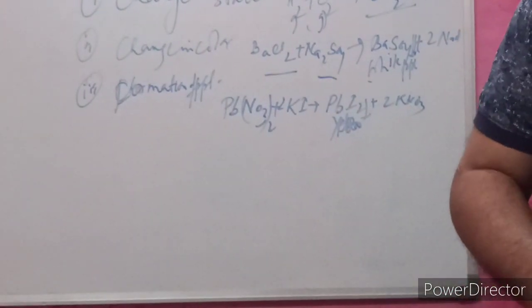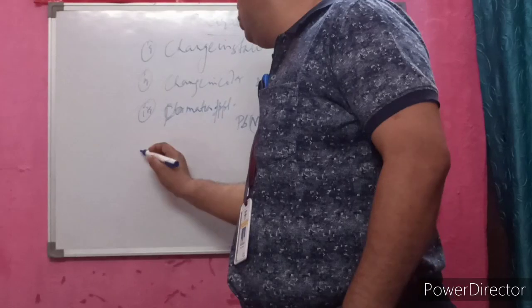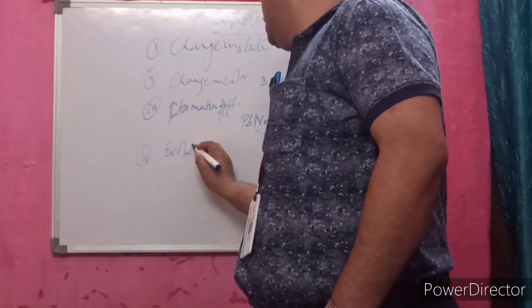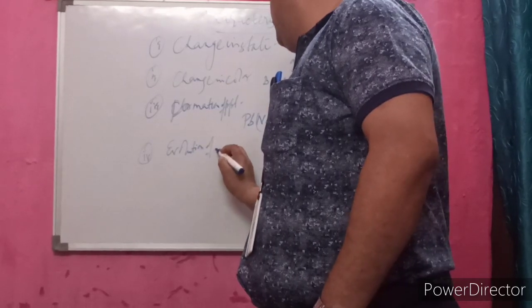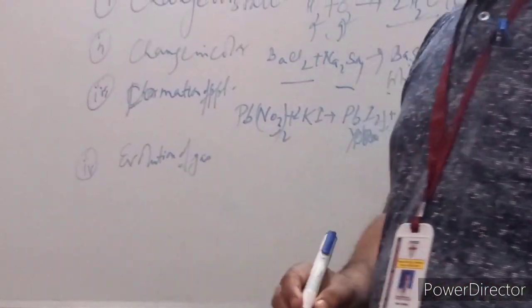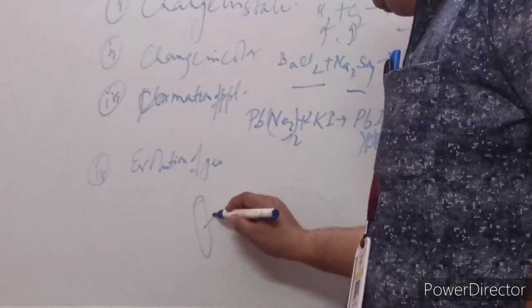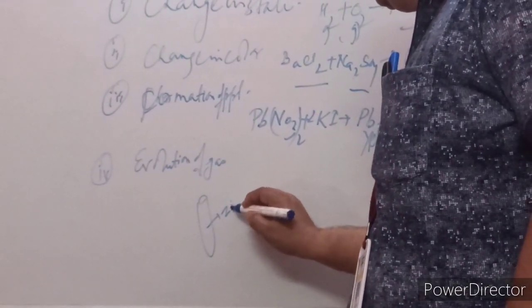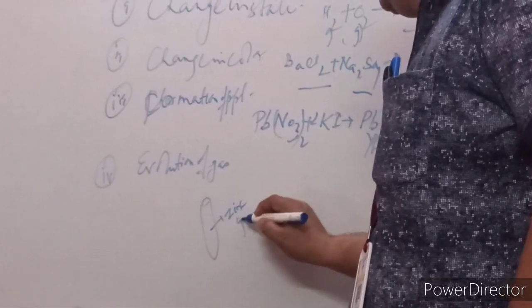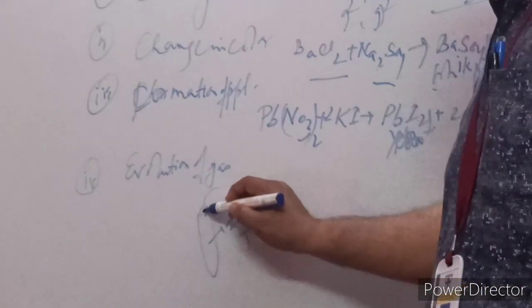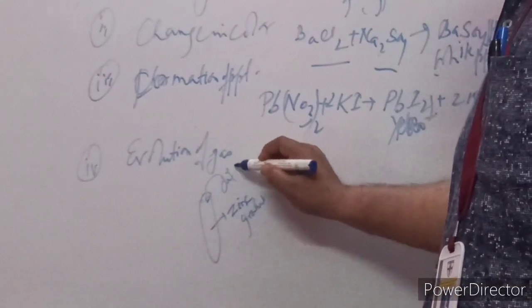The fourth one is the evolution of gas. Like if you take a test tube, and in that you take zinc granules, and to it you add dilute HCl.